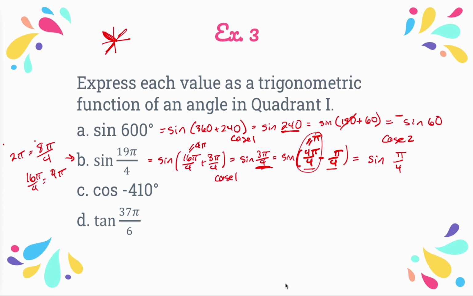This is sine of pi over 4. And when we switch from quadrant 2 to quadrant 1, our sign stays the same. So according to case number 4, it's just equal to sine of pi over 4.